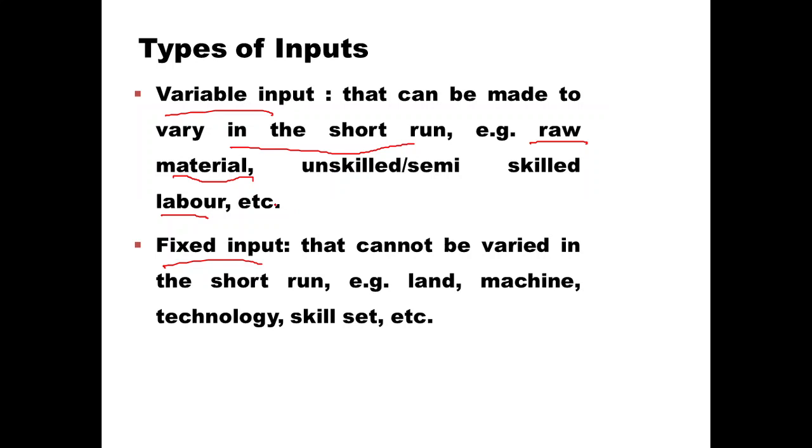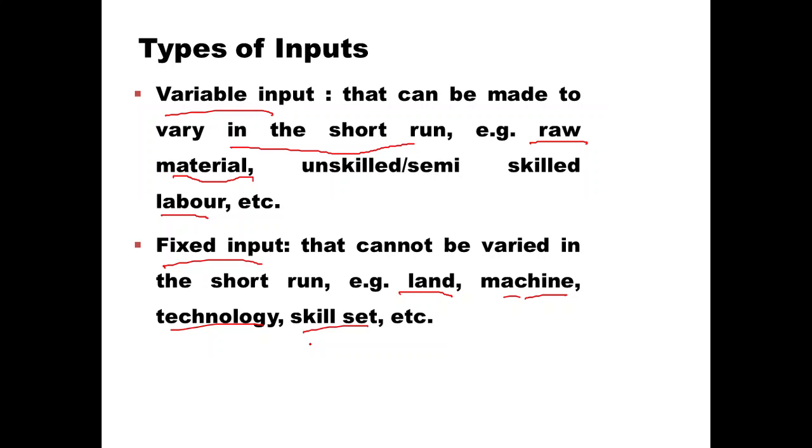So variable input varies with the production, or you can change it in the short period, whereas fixed input remains fixed. It cannot be changed in the short run, like land area or the machinery, technology, and the skill set available in the company, which cannot be changed every day.